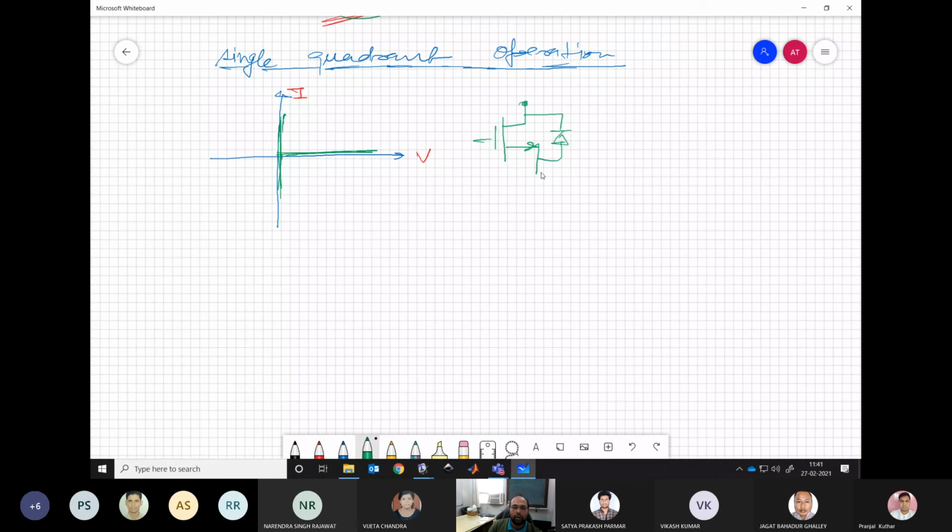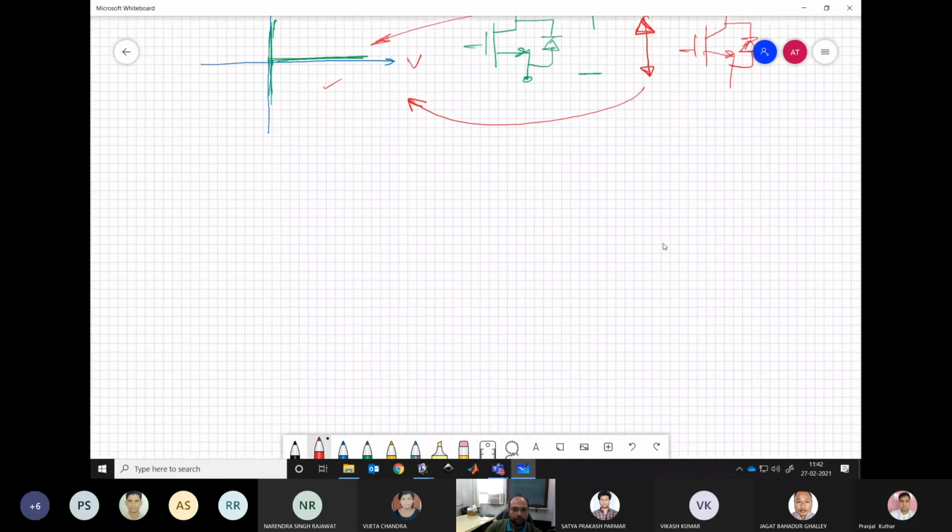This will have the voltage blocking in only this direction, whereas it can conduct current in the positive direction, that is in the forward direction, or in the reverse direction through the diode. So this is one example of having the multi-quadrant operation. The other thing could be, if you have any IGBT, just put an anti-parallel diode with that. So this will also give operation like the multi-quadrant switch.